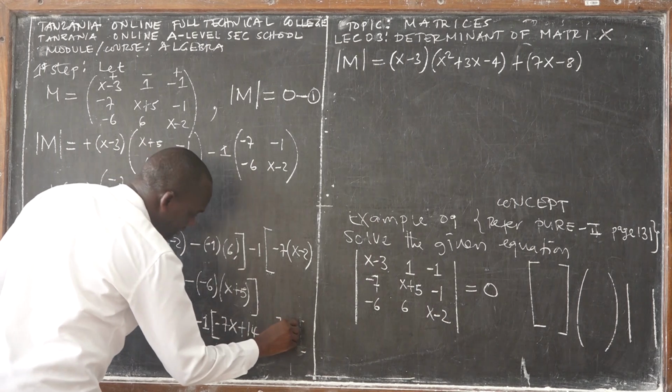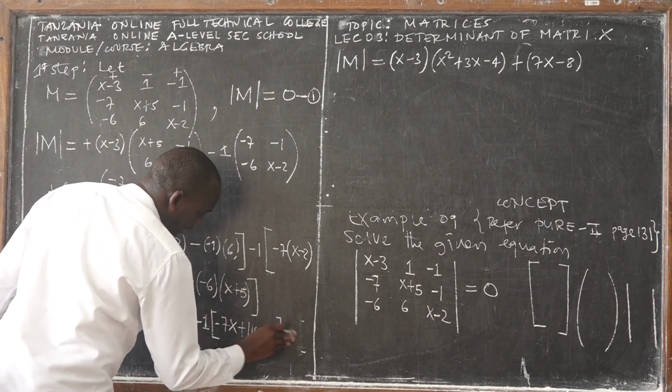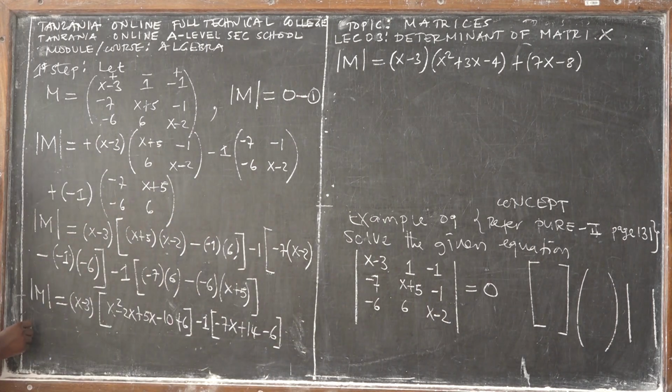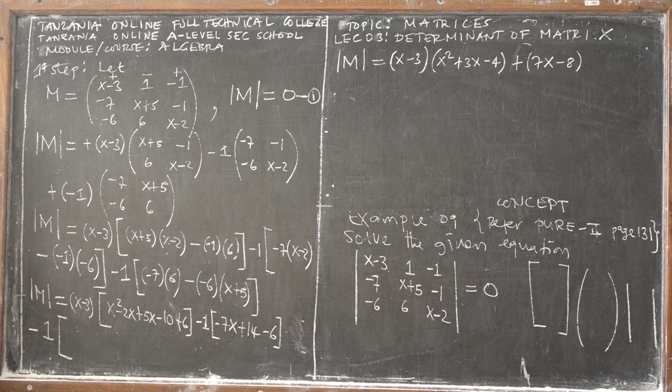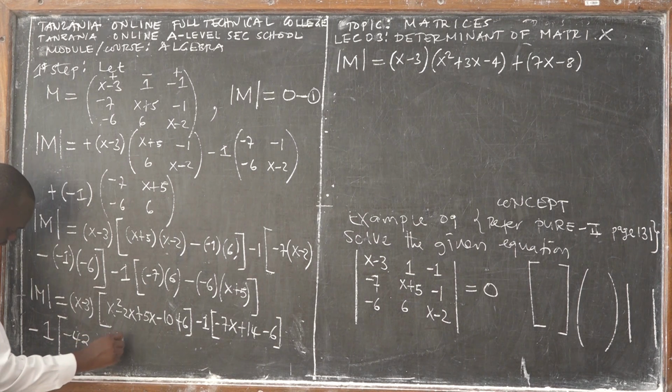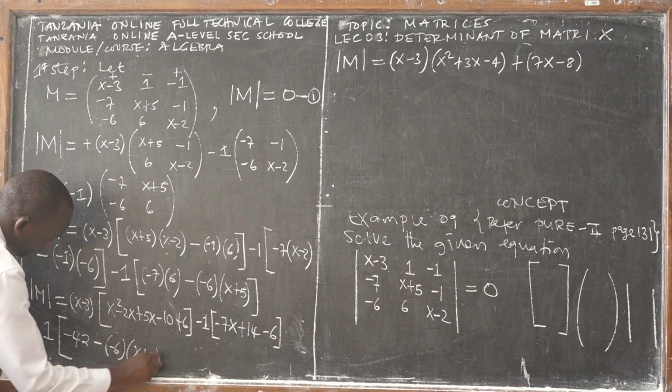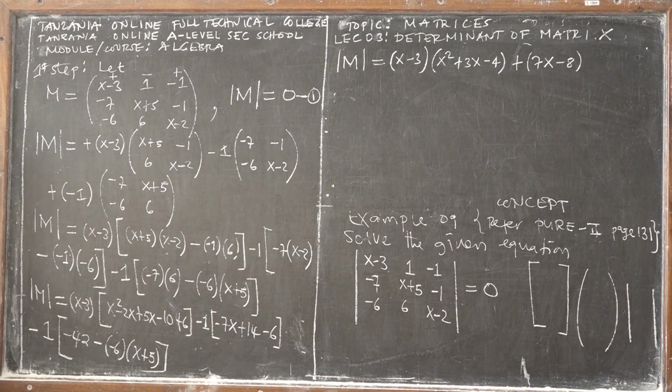So let us say that we have negative 1, negative 7 times 6, negative 42, minus. Okay? Then you have negative 6 multiplied by x plus 5. Okay? My friend is unhappy.